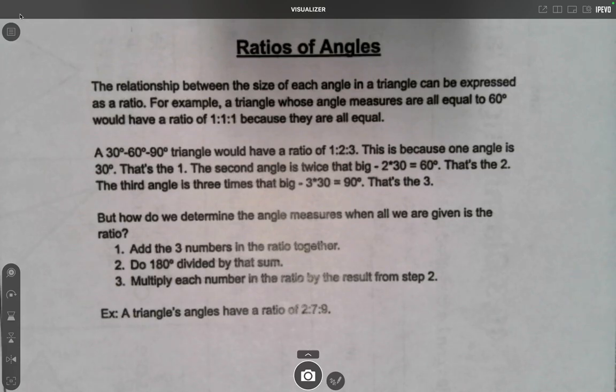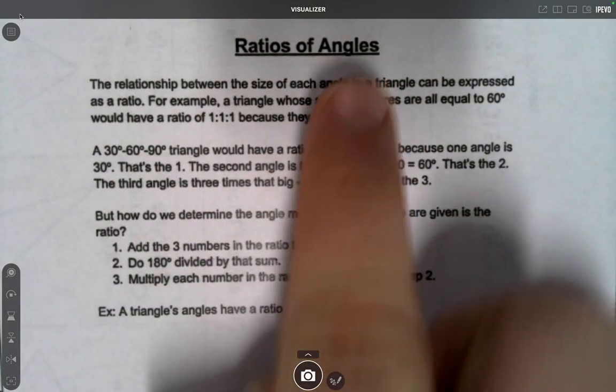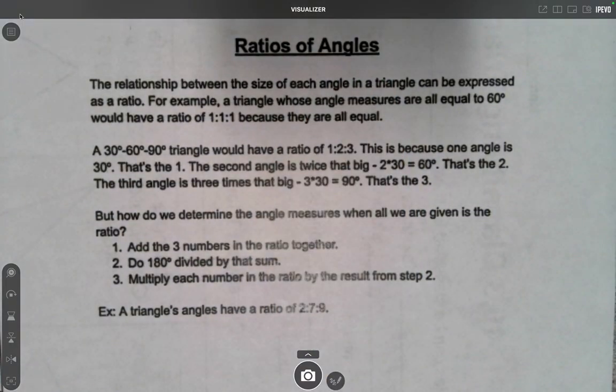So if a triangle, sorry, I said sides, it's angles. You'd think I'd read the whole thing. So the angles can be expressed as a ratio. A triangle that's equiangular, all the angles are equal at 60 degrees. The ratio would be 1 to 1 to 1, because it just says 1 is equal to itself. All the angles are equal.